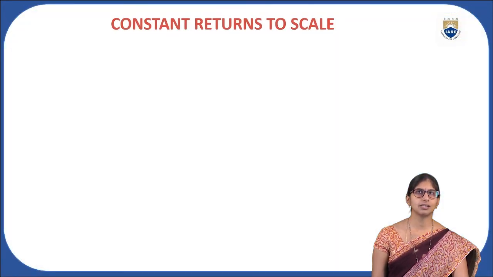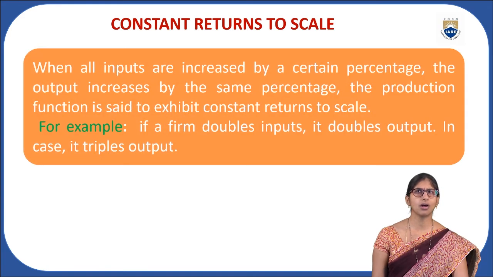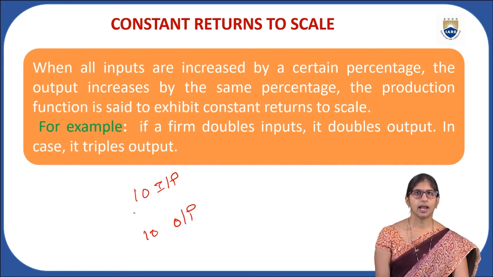Now coming to constant returns to scale. When we give 10 inputs, we get 10 outputs, and when we increase our input to 20 units, we get 20 units of output.